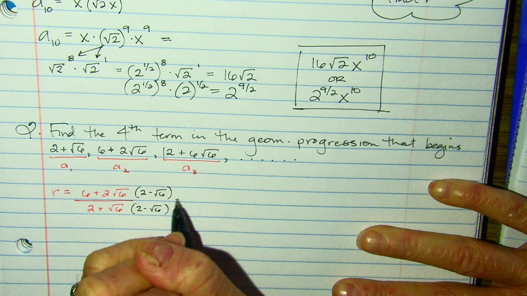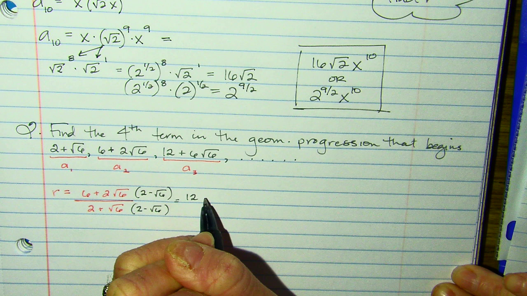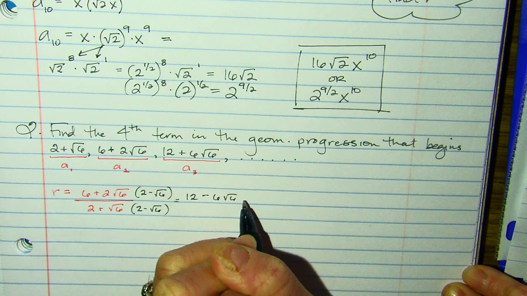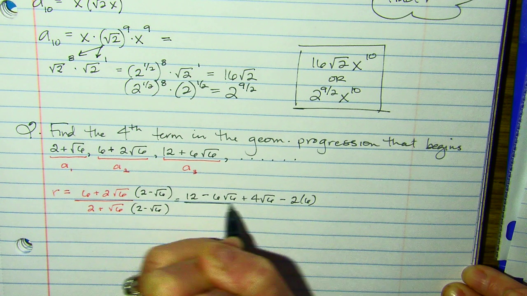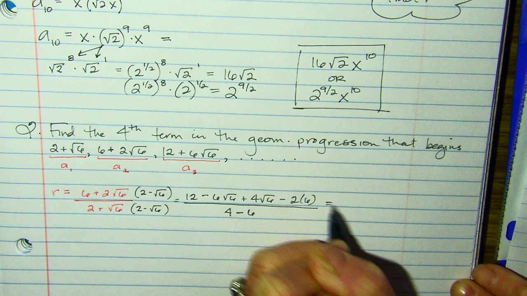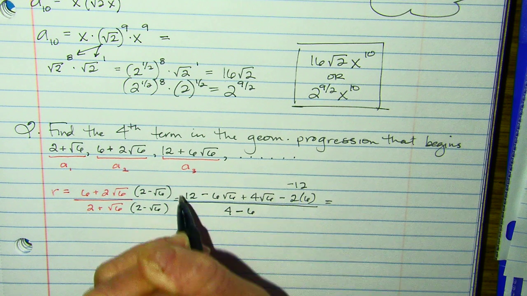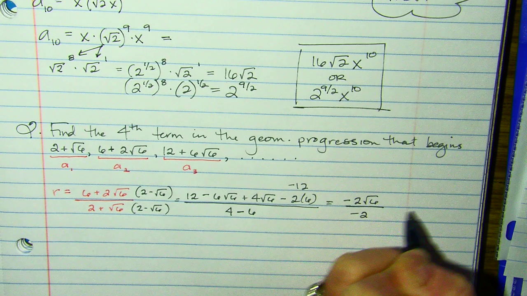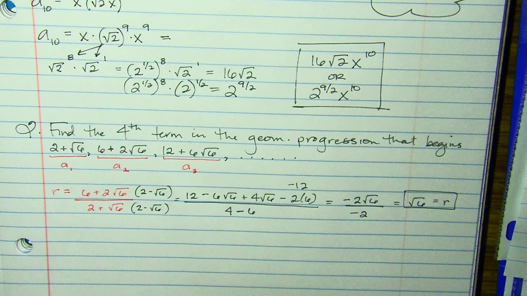And so I get 12 minus 6 root 6 plus 4 root 6 minus 2 times 6 all over 4 minus 6. So this is going to give me negative 12, so 12 minus 12 is canceled, so I get negative 2 root 6 over negative 2, so I get root 6. So root 6 equals r.